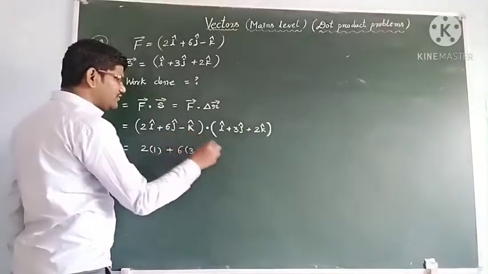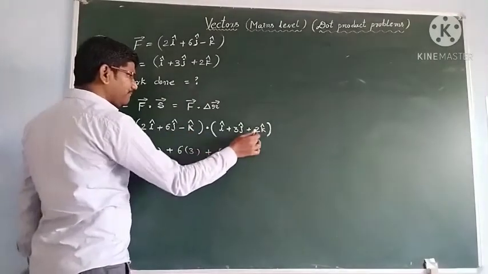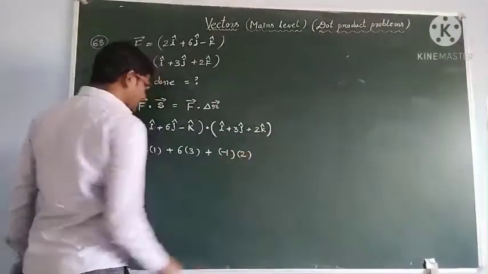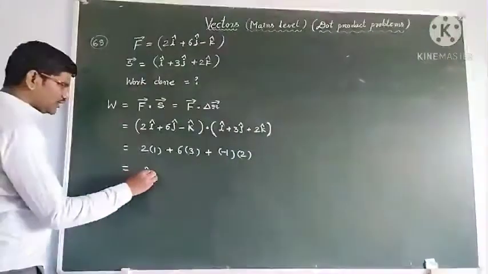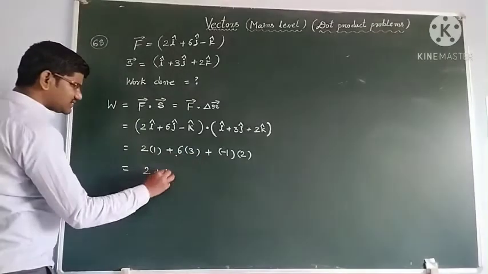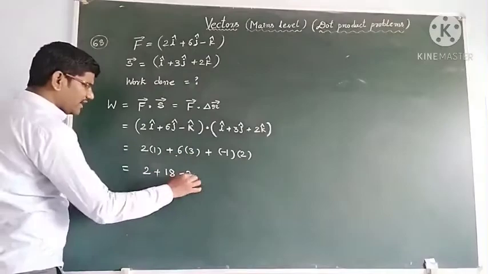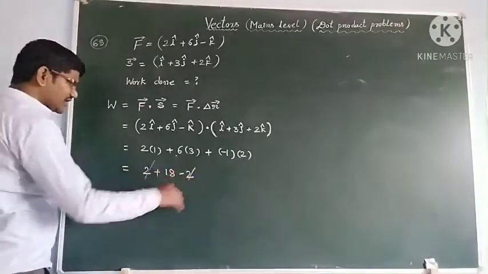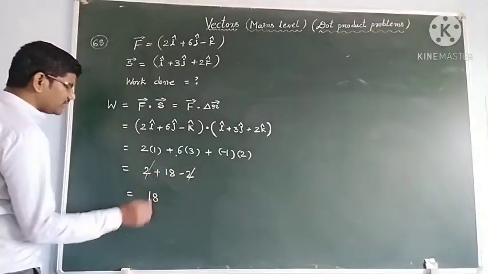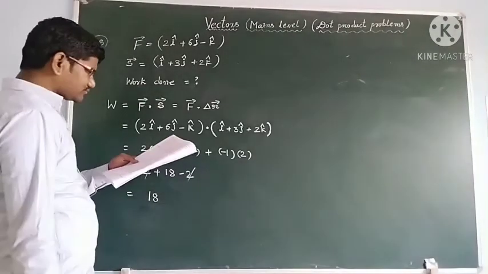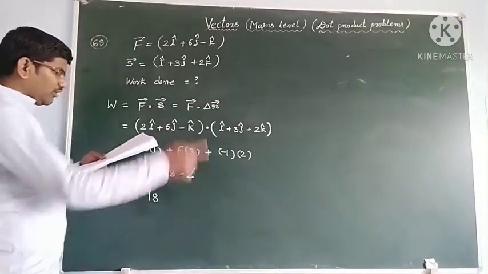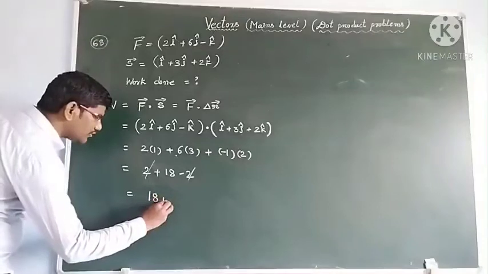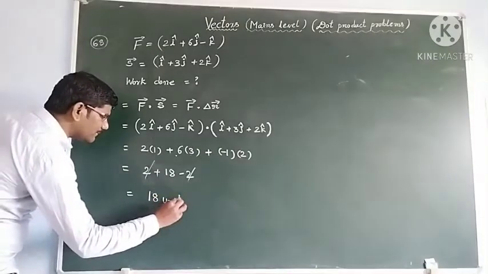Plus, here the k coefficient is minus 1, and here the k coefficient is plus 2. Okay, students, then 2 into 1 is 2, plus 6 threes are 18, and minus 2. So you get 18 units as the work done.